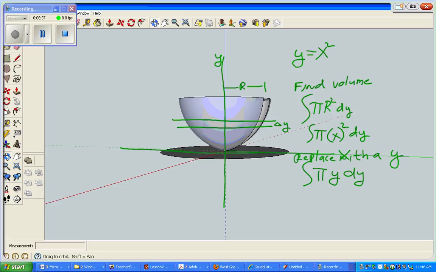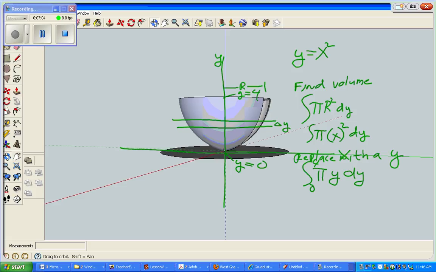The other thing we've got to figure out here are some numbers that we go in between. What you're doing is you're adding up all the circles starting here and going up to the top. Right here, y is equal to 0. Right here, y is equal to 4. So the numbers that I'm going to put in will be from 0 to 4.